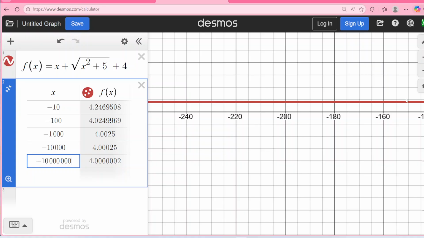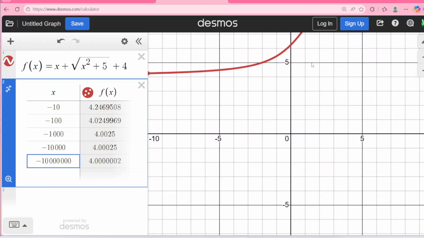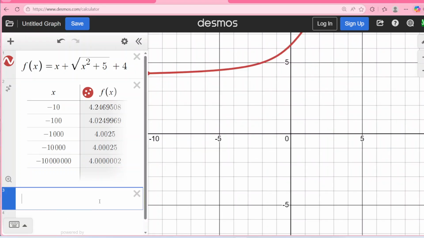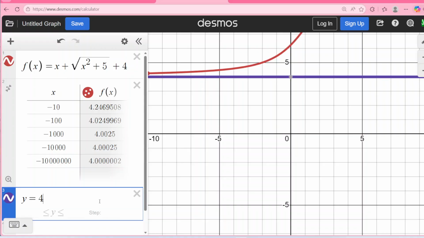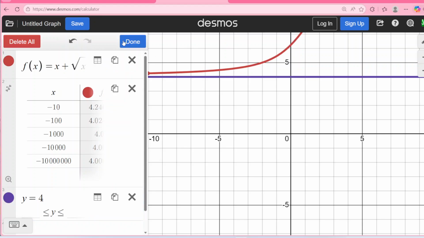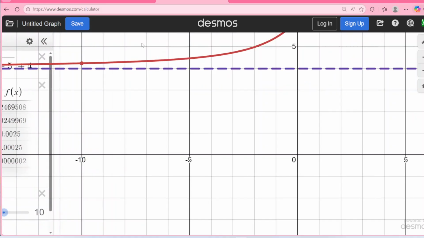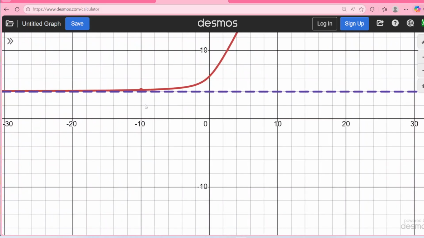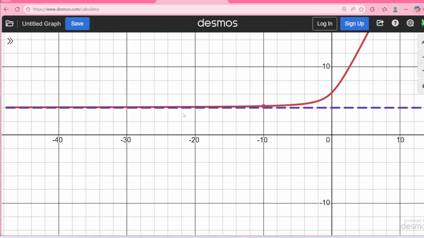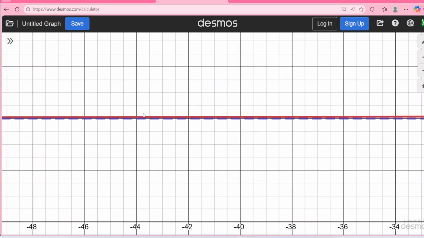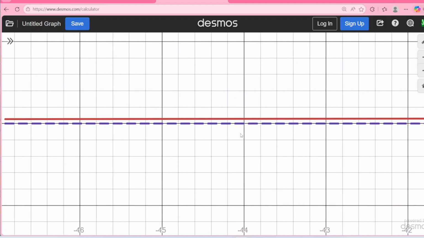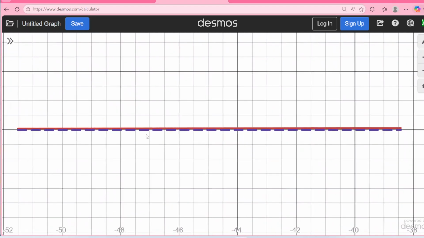And then back on my graph, I'll go back to the default area. If I were to put in the line y equals 4, you see this purplish line show up. I'll make it a dashed line. So there's my dashed line here, y equals 4. Again, you can see as I approach just the left end, the red graph is very, very close to becoming the purple dotted line.